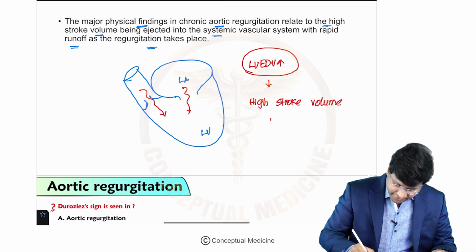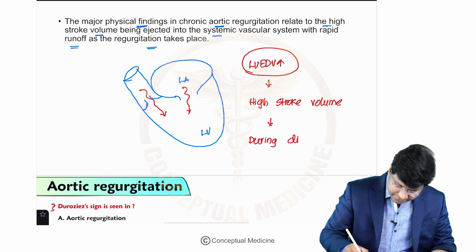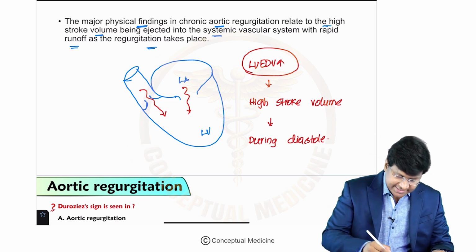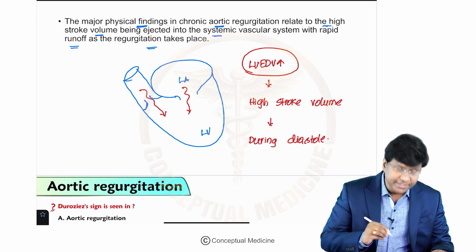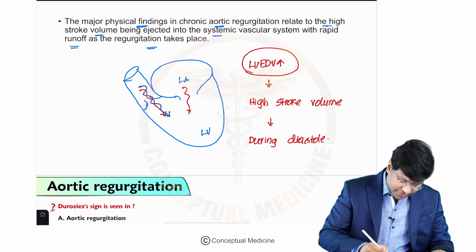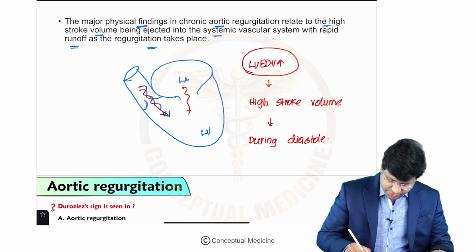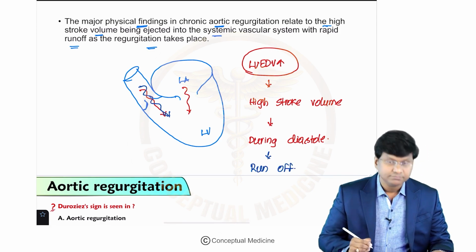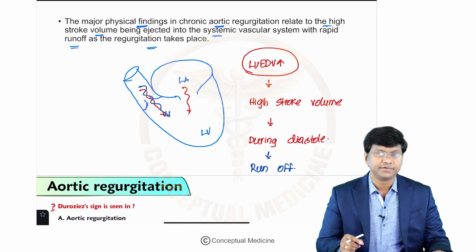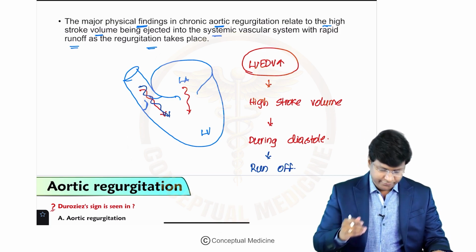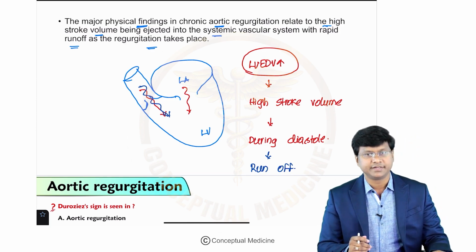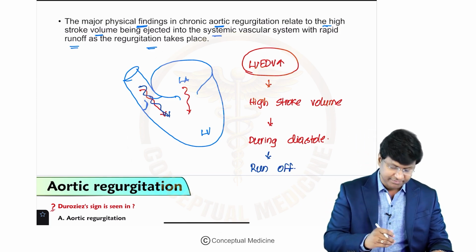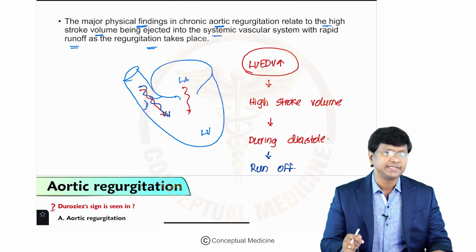At the same time, during diastole, the blood from the aorta will regurgitate back into the ventricle. So there will be diastolic runoff, a rapid runoff from the aorta into the left ventricle during diastole.